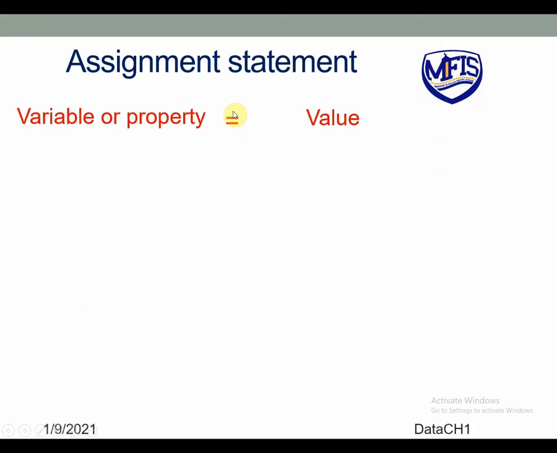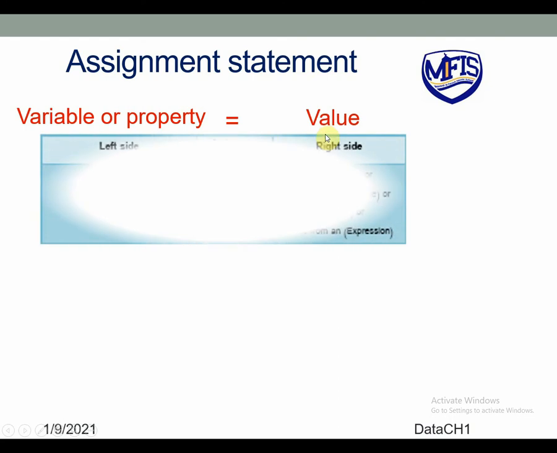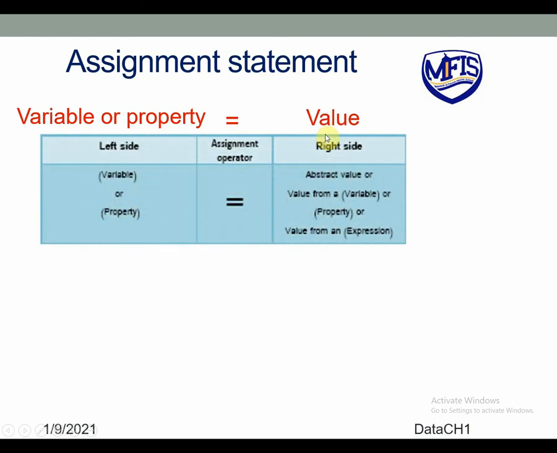Okay, so as we said, assignment statement means that we have a variable or property, and to assign a value for this, we will put equal sign and then we will assign the value. As you can see from this table, that we have different types of values.